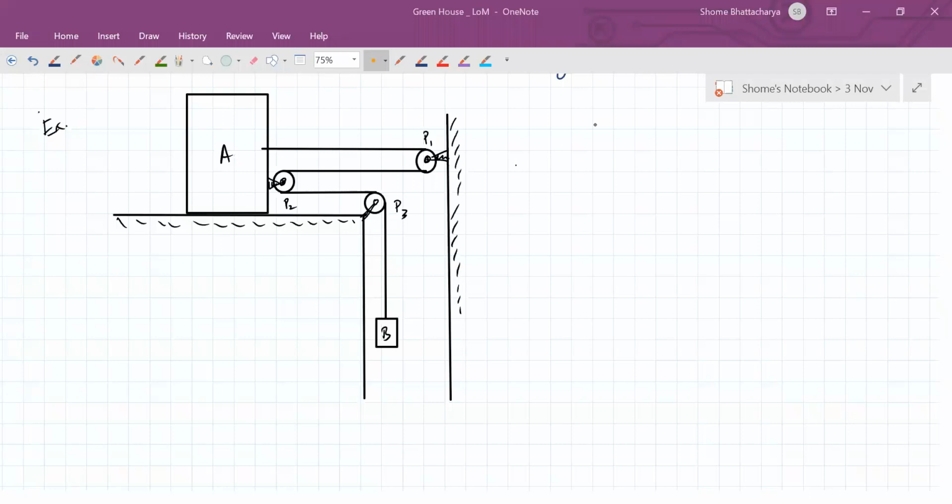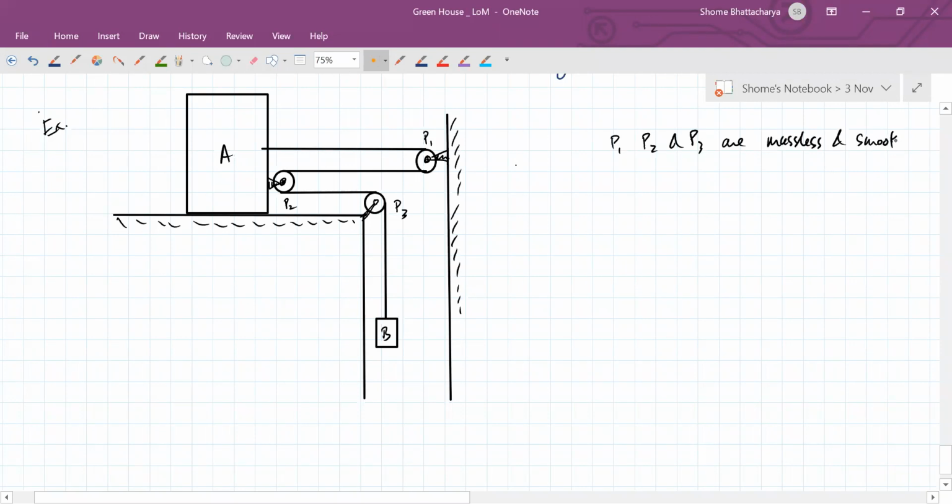Okay. So here, all three pulleys are again massless and smooth. Again, the thread is, because all that standard condition is there.